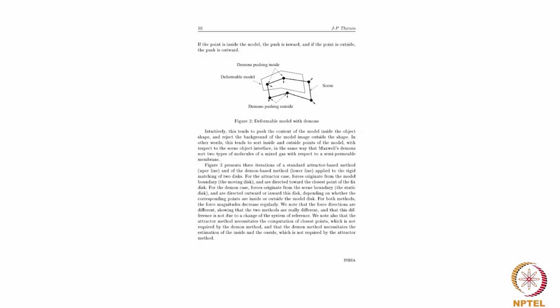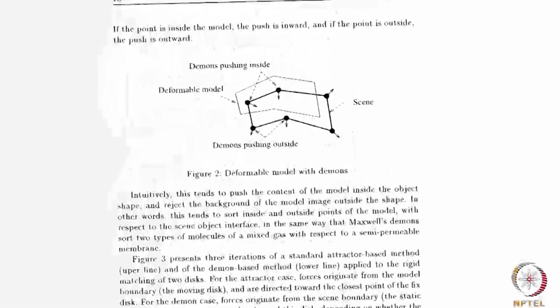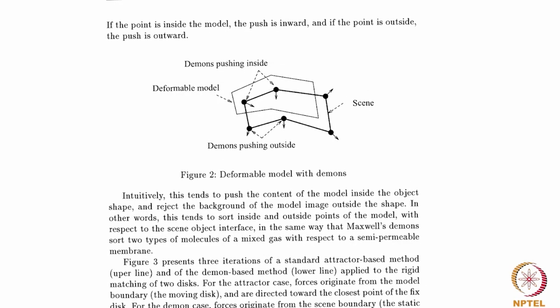If you look at this picture, this corresponds to what the demons algorithm does, right? The scene here is nothing but the fixed image, F, and this is the moving image, G. So you have the corresponding points. You have these dark spots here, which correspond to your demon points. Of course, we assume that when you start out at the first iteration, there is some degree of overlap.